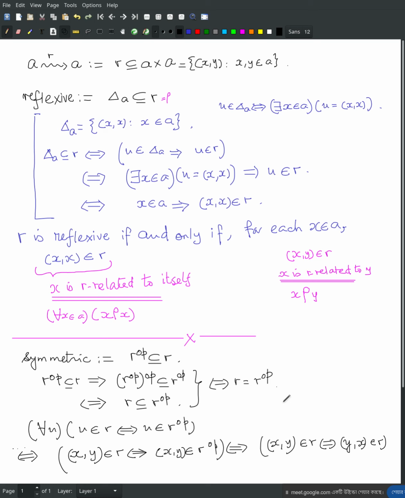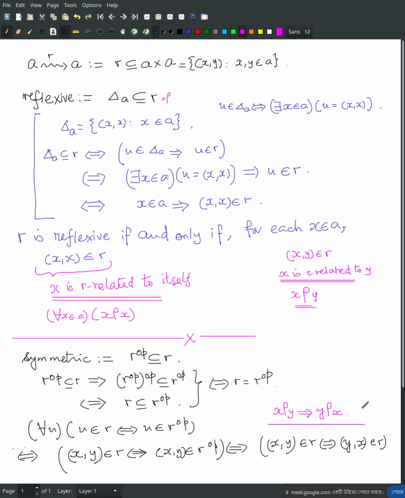You get it now? This is the standard way of saying it. Again, using this notation, it says x rho y implies y rho x.